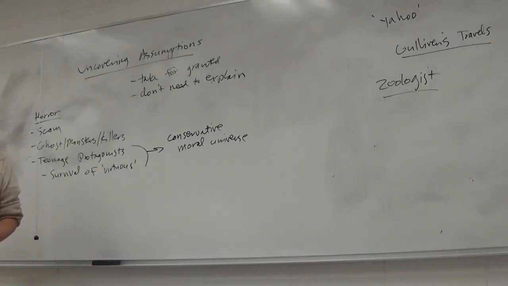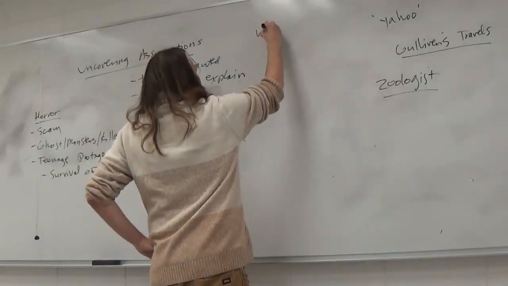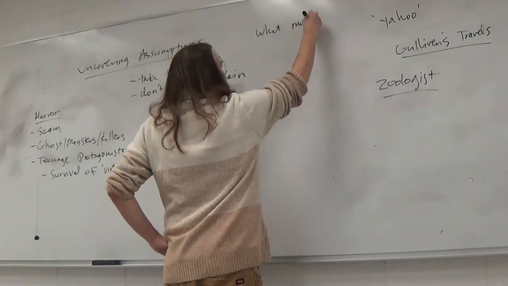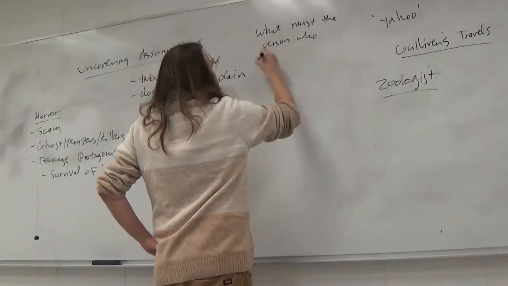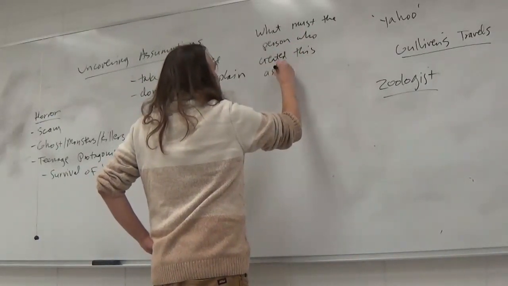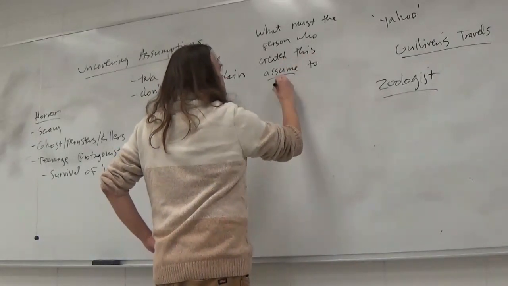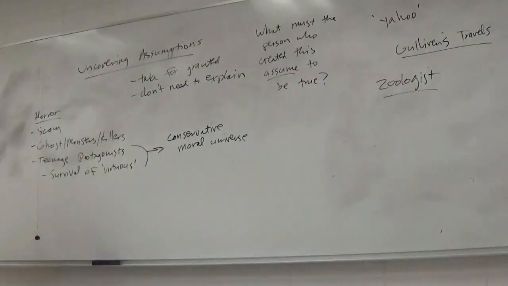So when you're looking at patterns in anything that you're reading or watching, try to figure out, right, what must the person who created this assume to be true? And there's often going to be more than one answer to this, right?